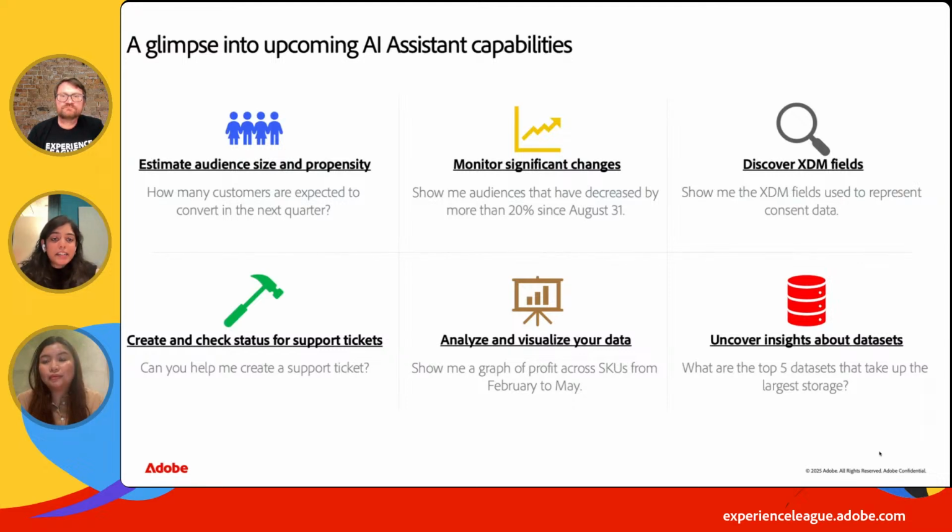So some of them are related to audiences. So things like estimating audience size and propensity. We can use AI Assistant to monitor significant changes in audiences. But then there's a bunch of other capabilities like using AI Assistant to discover different kinds of XDM fields, using it to create support tickets within the interface itself.